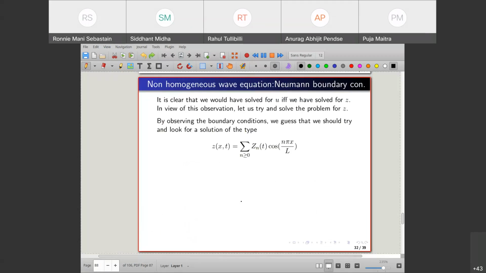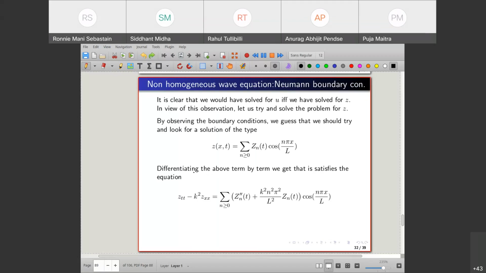So therefore we try for a solution like this, right? And what we need is we first solve this z_tt minus k squared z_xx is equal to g of x comma t.